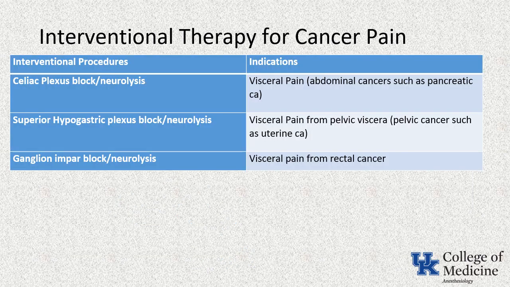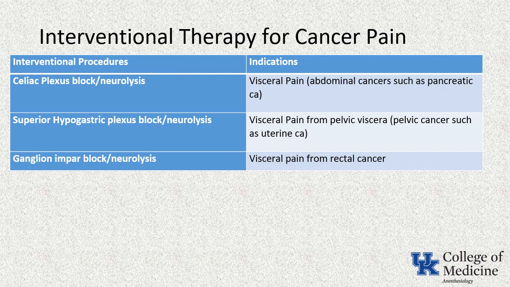Moving on to plexus blocks. There are many plexus or neural plexuses in the body, which can be blocked for various indications, such as regional anesthesia or certain non-cancer related pain. This lecture is going to focus primarily on plexus blocks in their role in cancer pain management.